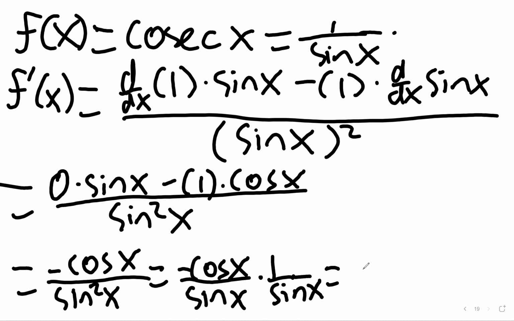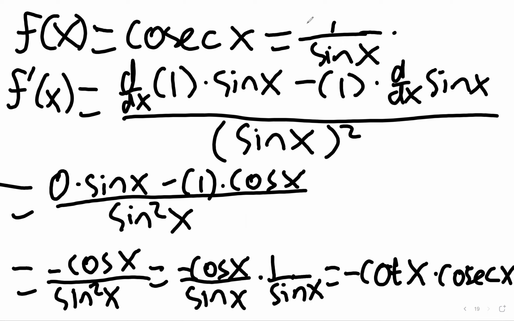Here I have minus cotangent of x multiplied by, I know that 1 over sine of x is cosecant of x. So to summarize, the derivative of cosecant of x is minus cotangent of x cosecant of x. Do not forget the minus sign once again.